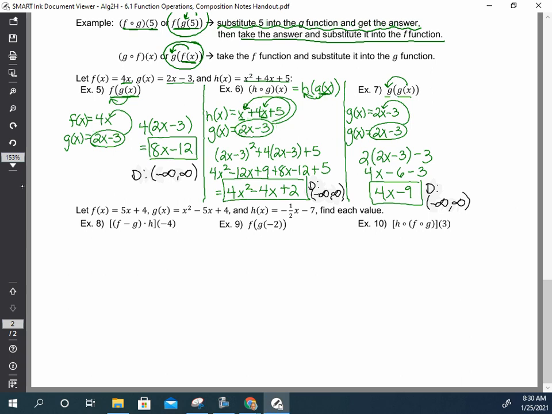To finish off our Monday, our time together, with doing some evaluating using our function operations. So, for the most part, it is paying attention to what you are doing, paying attention to what the problem is providing for you.